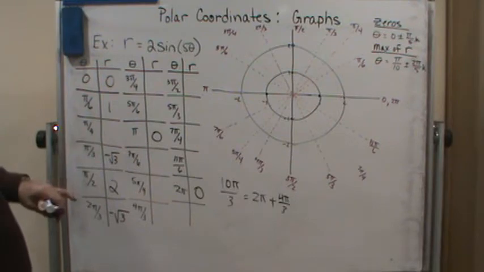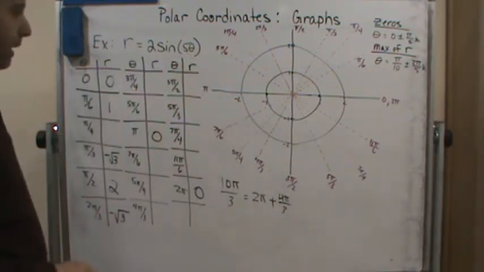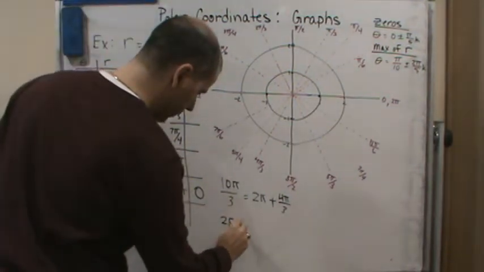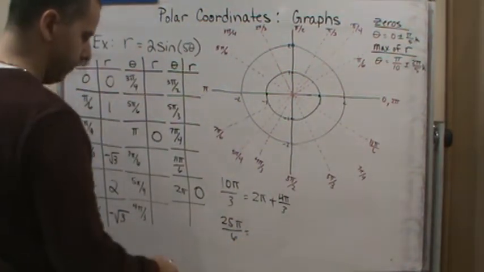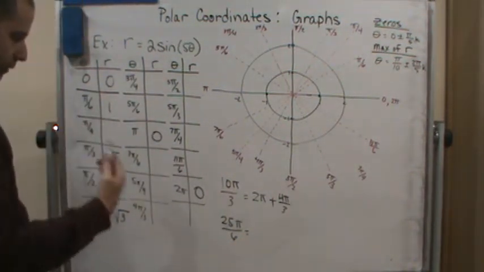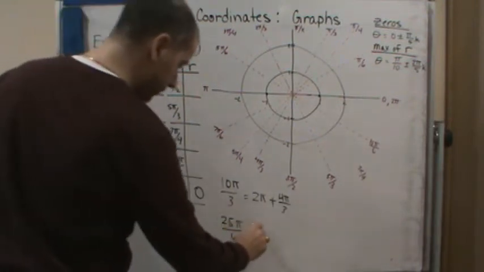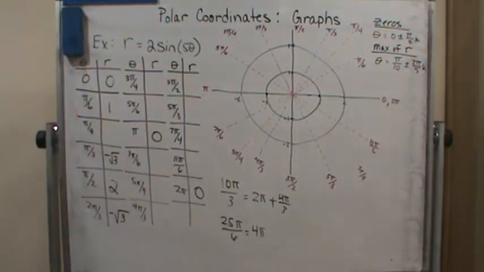So 5 pi over 6, what does that do? 5 times 5 pi is going to give us 25 pi over 6. So again, 25 pi over 6 is going to equal what? Well, how many revolutions is that? Well, 12. So that gives us 4 pi, which in this case is 24 pi over 6.